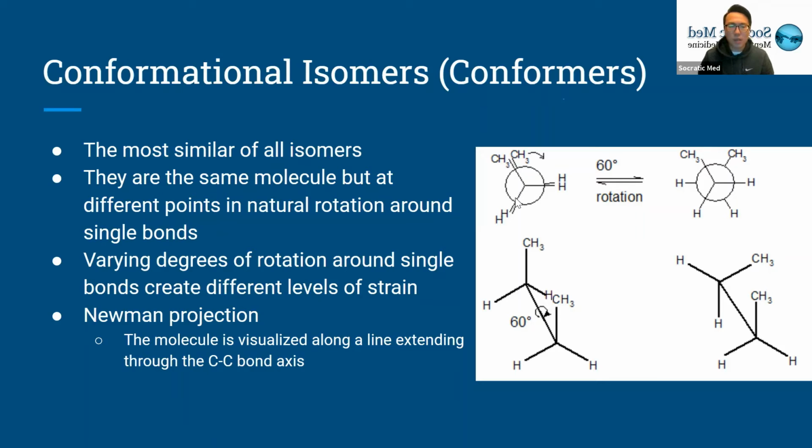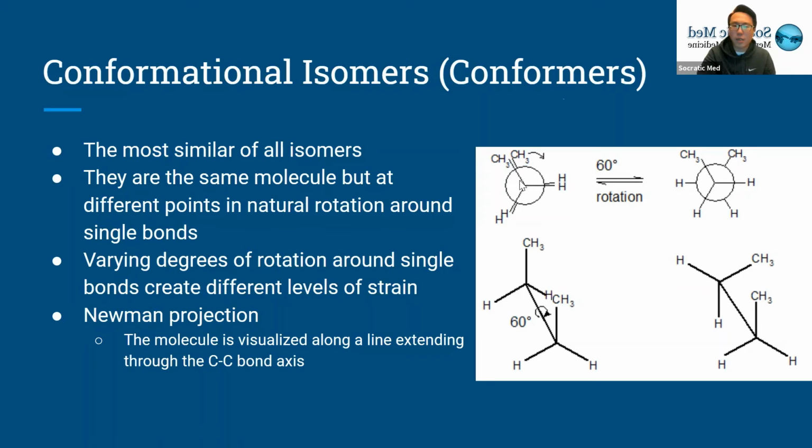So the Newman projection looks directly across the bond from carbon to carbon. This is done to show how the three substituents connected to the carbon stack up to each other and how they look as the bond rotates.